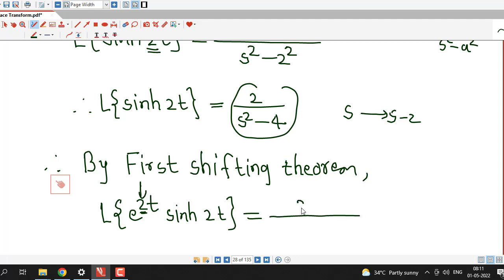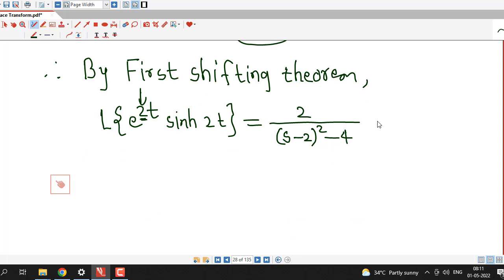So we obtain this by replacing s by s minus 2 in the Laplace transform of sine hyperbolic 2t, and we can simplify this.